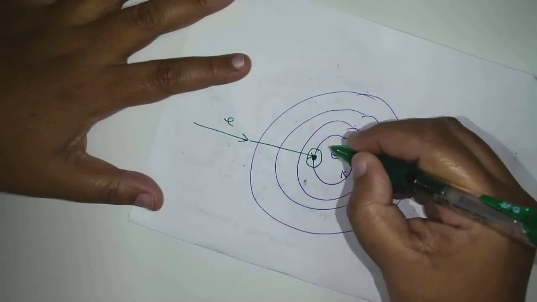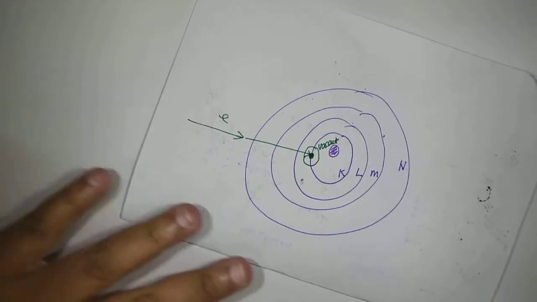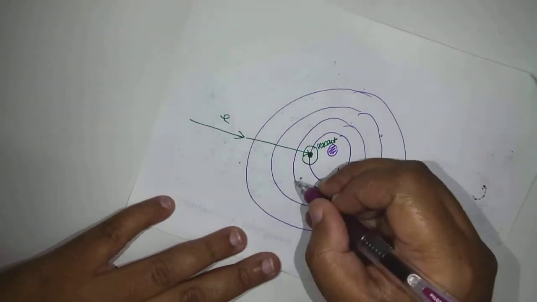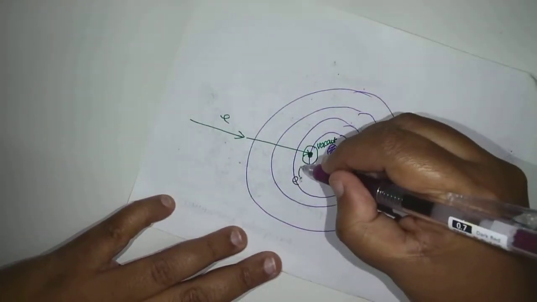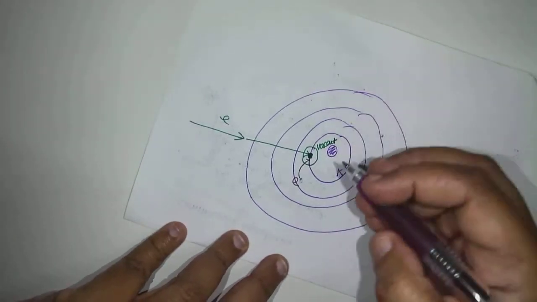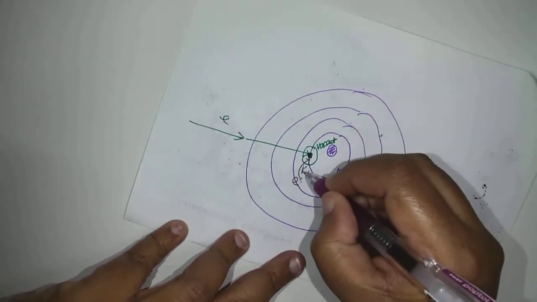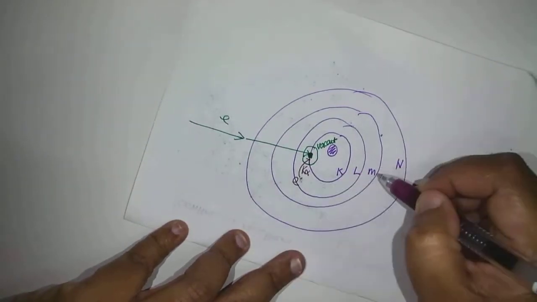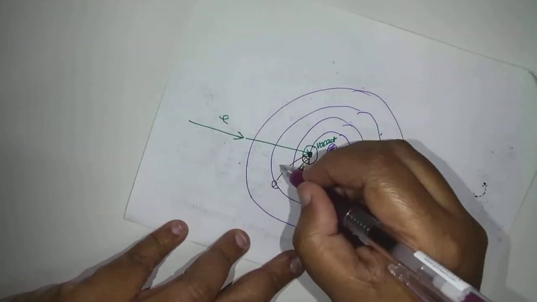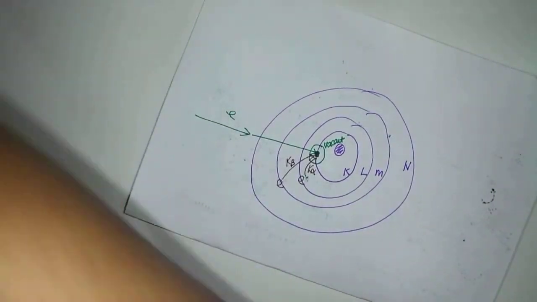So this place is now vacant, in the K shell. If an electron from the L shell jumps into the hole, this will release a peak identified as K alpha. If an electron from the M shell jumps into the hole, this will be identified as K beta.